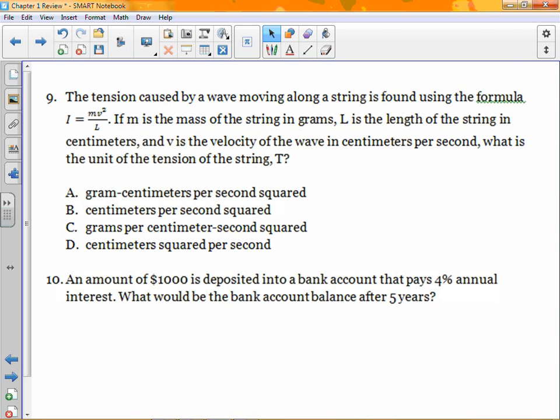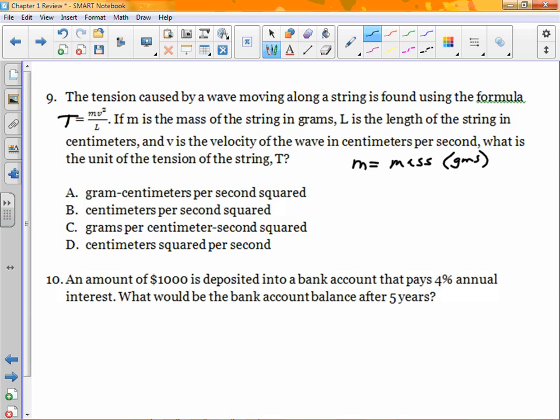This formula says I equals, it probably should say T equals, but anyway, T equals mv squared over L. If m is the mass of the string in grams, so m is mass, and it's given in grams, L is the length of the string in centimeters, and V is the velocity in centimeters per second squared.